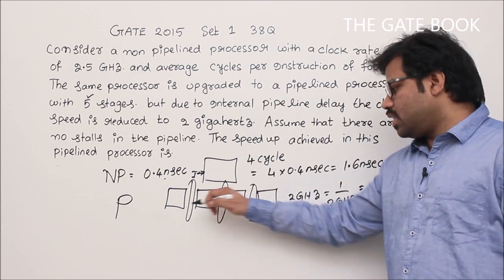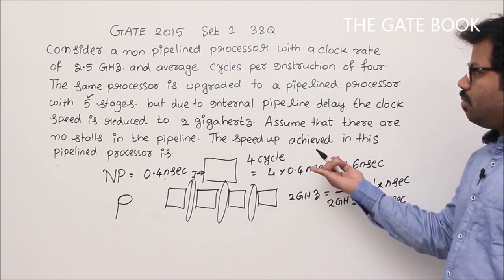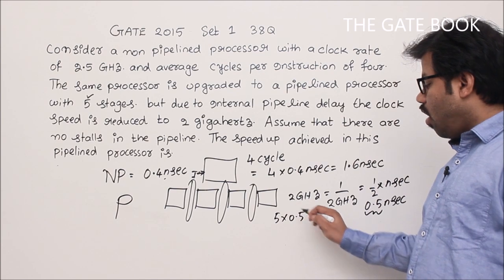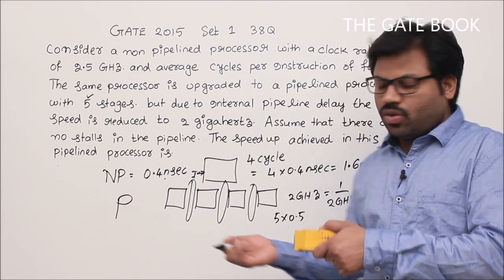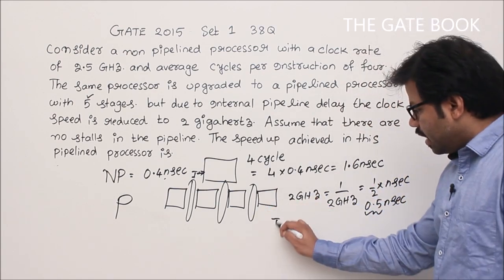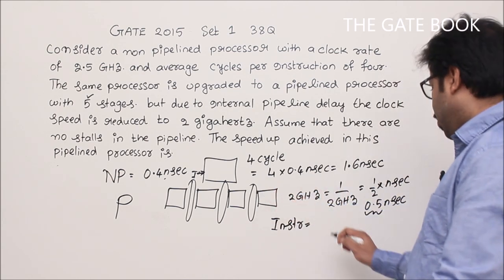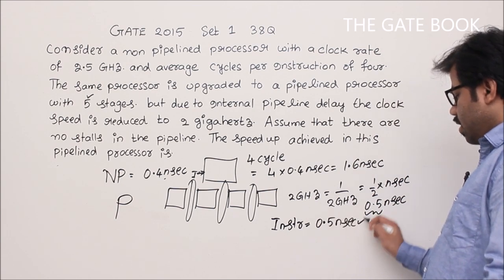The first instruction takes 0.5, 0.5, 0.5, 0.5 depending on the number of stages, so 5 into 0.5. But in the long run, for every clock cycle, one instruction will be output. That's why each instruction takes only one clock cycle in the pipeline model, so each instruction time here is only 0.5 nanosecond.